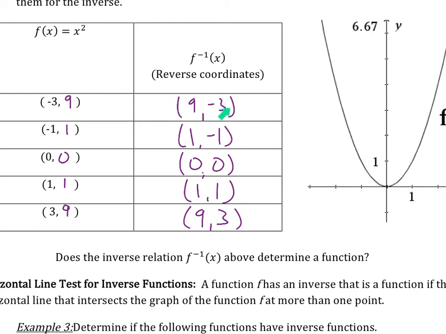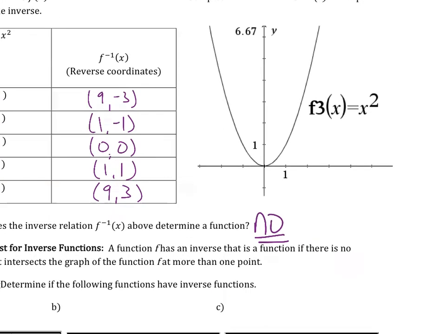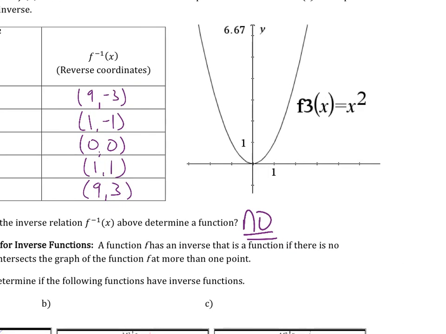Does 9 become negative 3 or does 9 become positive 3? How about when you plug 1 in? When you plug 1 in, you get negative 1. But here, when you plug 1 in, you get positive 1. So this is not a function. So this inverse is not a function. So there is no inverse function for x squared.